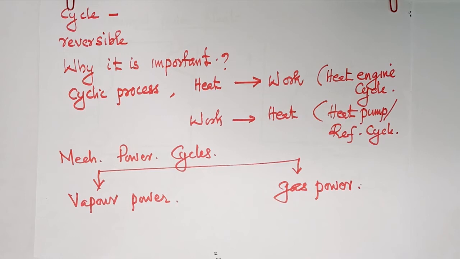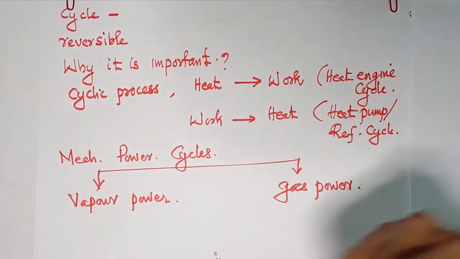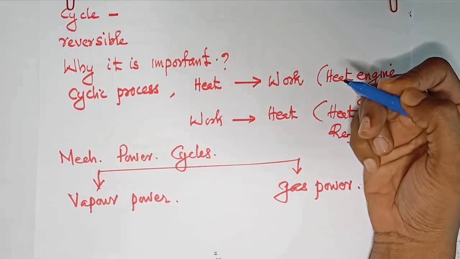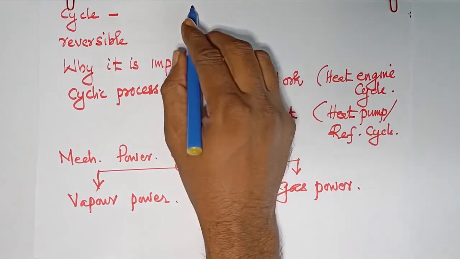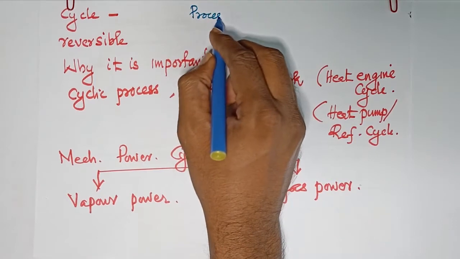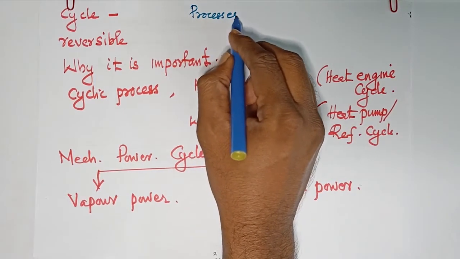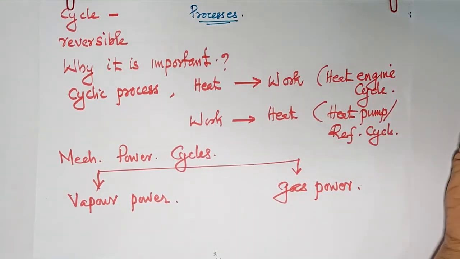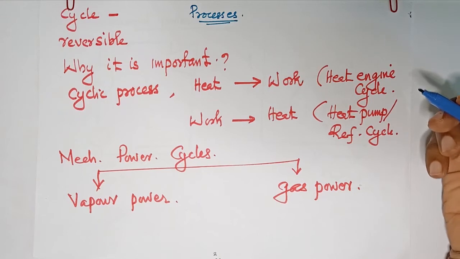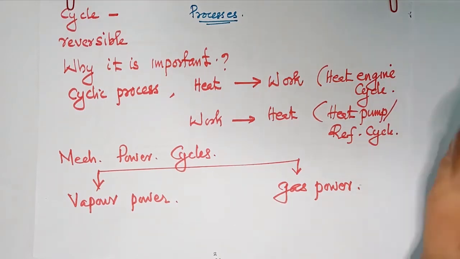So here I'll explain what a cycle is. A cycle consists of many processes, and the initial condition and the final condition are the same.